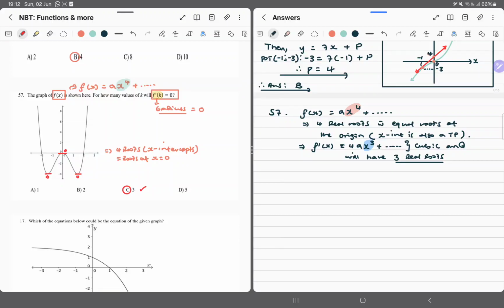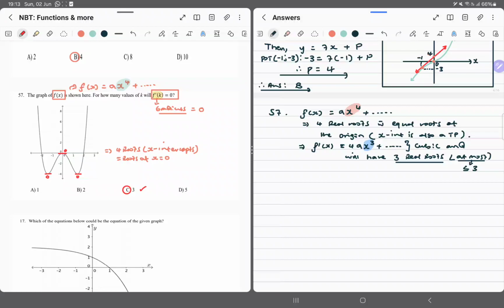Remember this statement here, at most, means less than or equal to 3, right? So yes, it will at most have 3 real roots, but they can be 3, they can be 2, can be 1, or they may not exist at all.